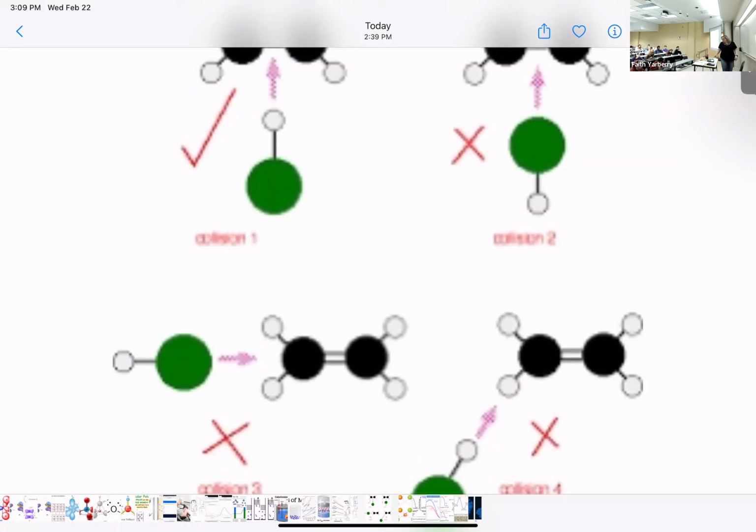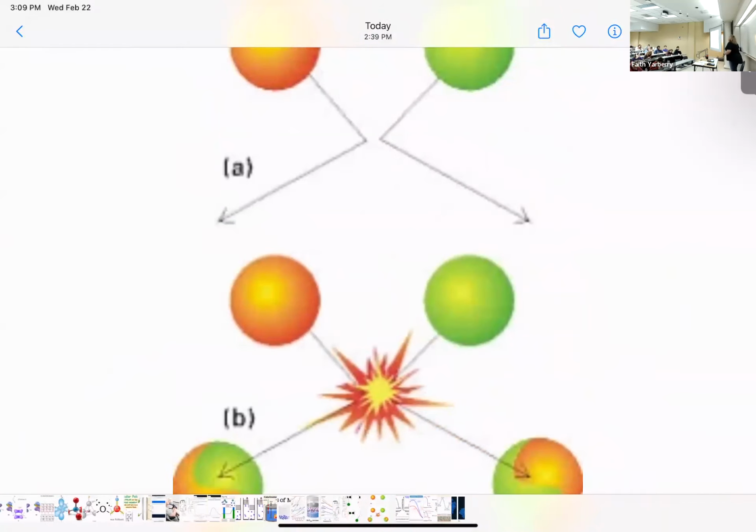Now, besides the orientation, you also have to have collisions with the correct energy. What this is showing is you have two different molecules, an orange molecule and a green molecule. They can come together and bounce, and then they're separate, kind of like what was discussed with an ideal gas. They collide and then they go in the opposite direction.